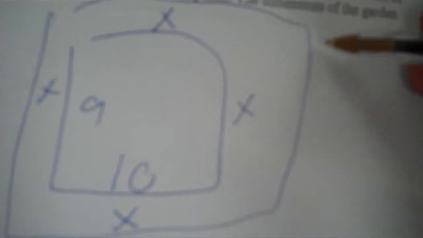Okay, so 10, and then x and x, so it's 2x plus 10. 9, and then x and x, and that's 2x plus 9. Okay, now I find my product. I take 2x times 2x. I take 2x times 9. 10 times 2x and 10 times 9.